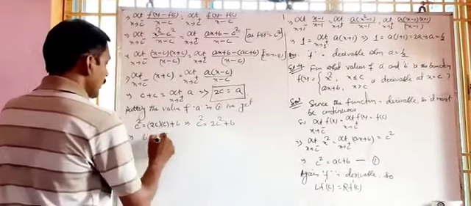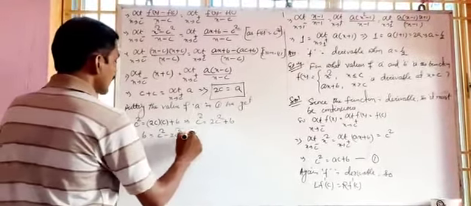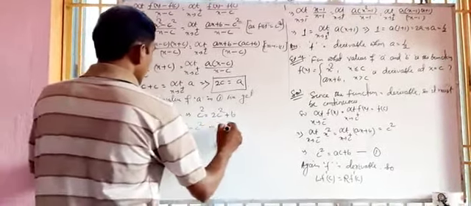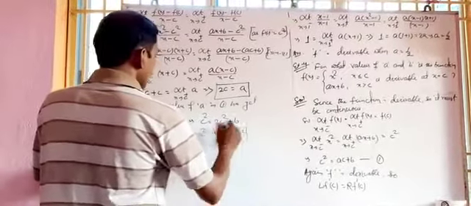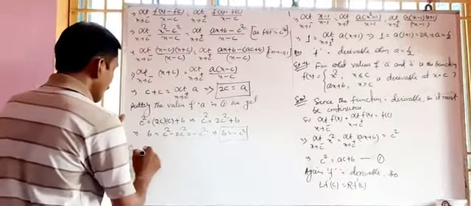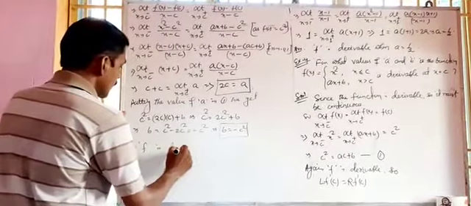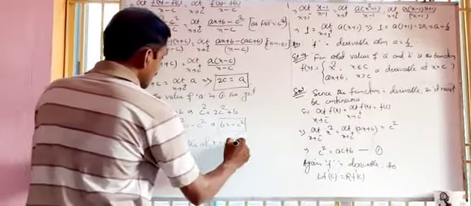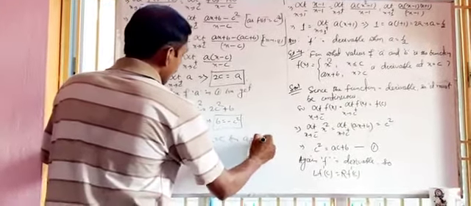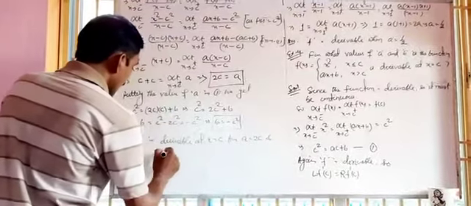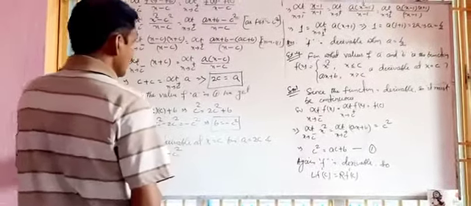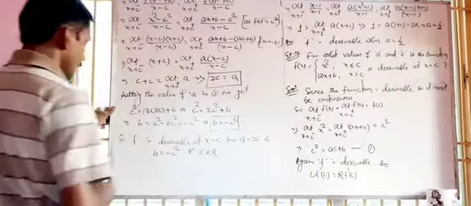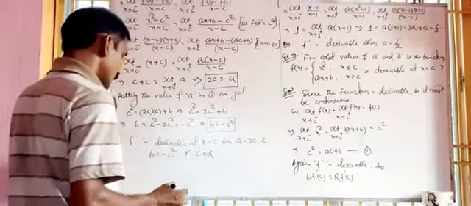This implies b equals c square minus 2c square, which is minus c square. So b equals minus c square. So f is derivable at x equal to c for a equal to 2c and b equal to minus c square, for all c belongs to R.